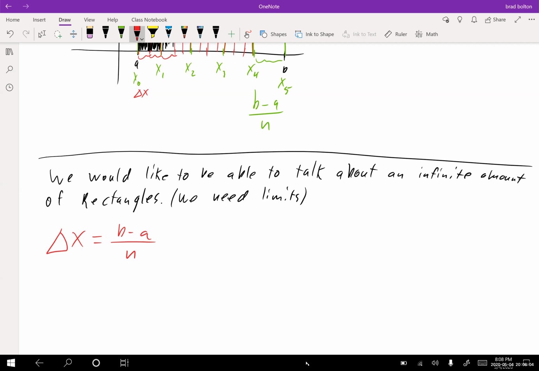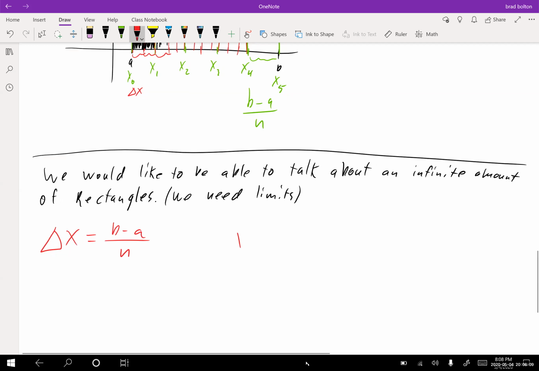So we're also going to recognize that x sub i, so x sub some interval, is equal to a plus i times delta x. And if you don't believe it, you could just come over here and do x sub 0, x sub 1, x sub 2, x sub 3, x sub 4, x sub 5.